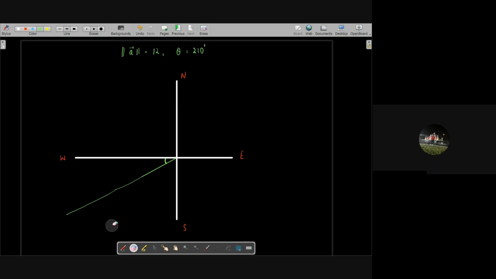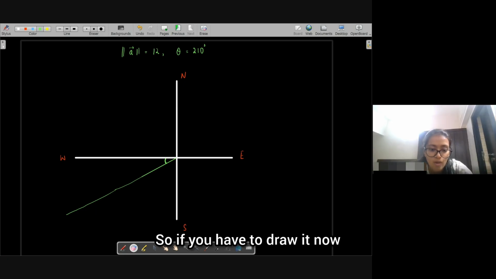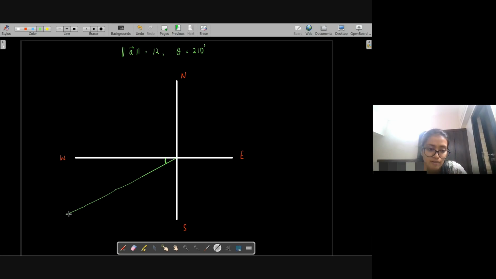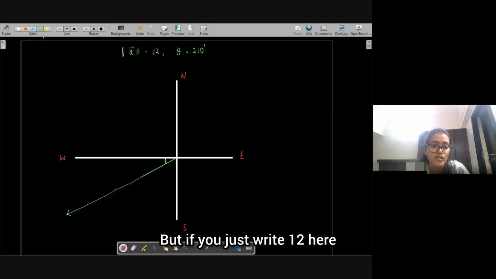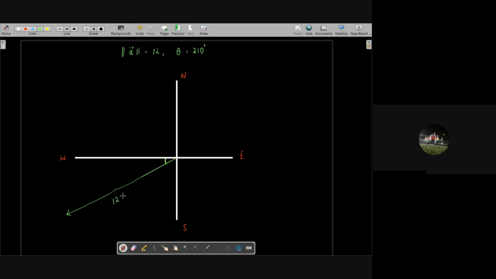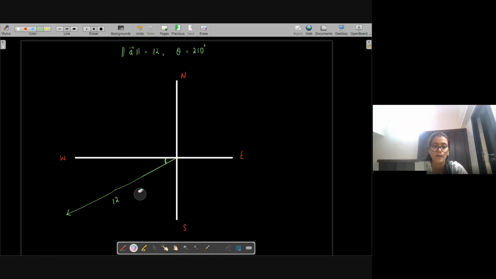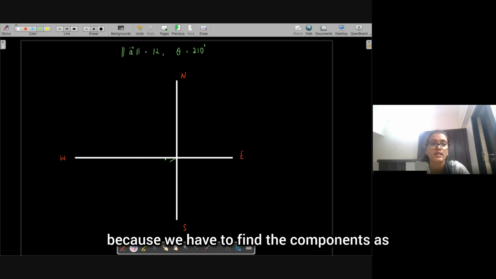If you have to draw it, you won't be able to measure how much is 12, so you'll have to find out the components. But if you just write 12 here, even then it will work. But let's also find the components, because we have to find them as well.